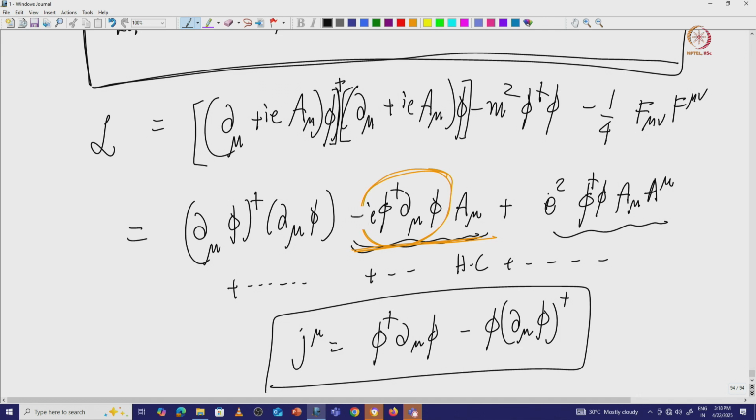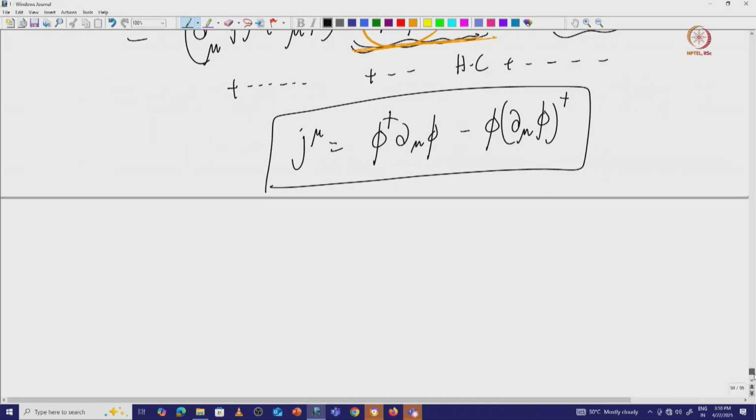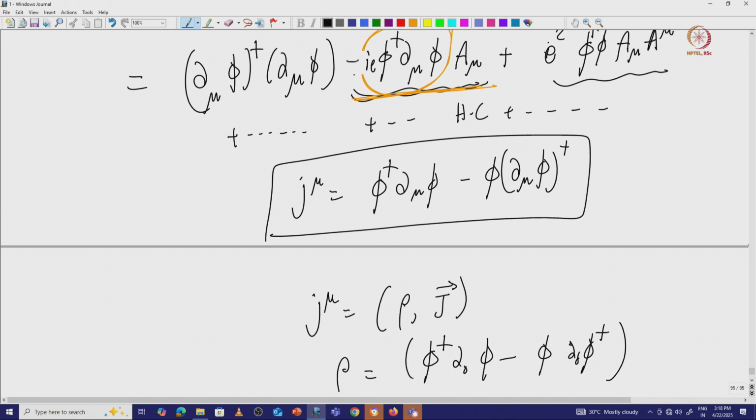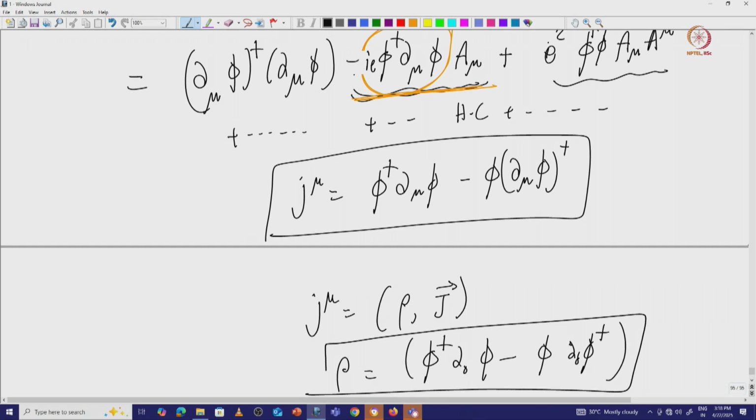If you take the 0th component of J mu, J zero, which is phi dagger del 0 phi minus phi del 0 phi dagger, this is nothing but the electric charge density, because it is coupling to photons.